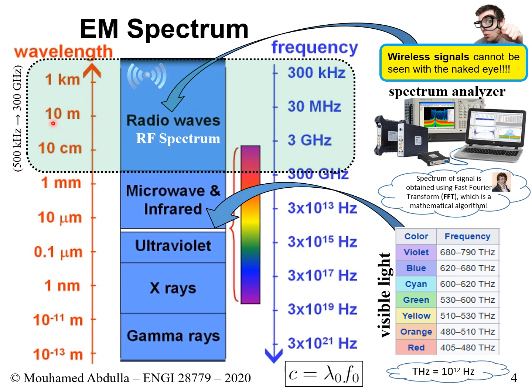All the technologies should be somewhere here, and we don't reach 300 quite yet. We are at most at 30 gigahertz, at least for civilian applications, higher up to 100, perhaps even more for military and government applications. So that's that. On the next slide, I just wanted to introduce you to this guy here, Fourier. I'll show you a short video that talks about him, and then after that, we'll continue.